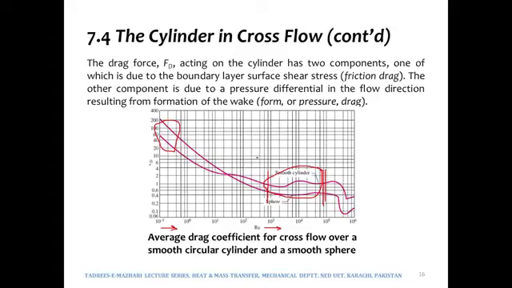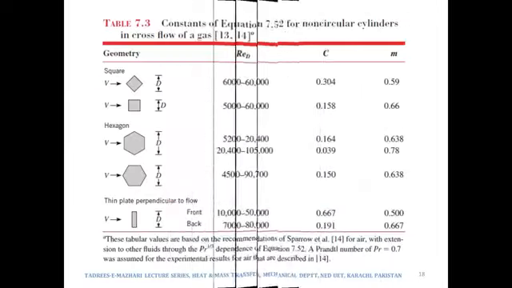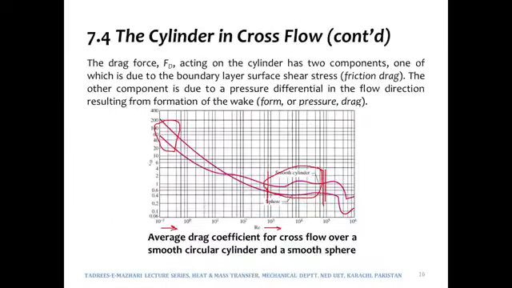In this region the boundary layer would still be laminar. The reason is that the critical value of the Reynolds number is 2 exponent 5, as mentioned on one of the previous slides.